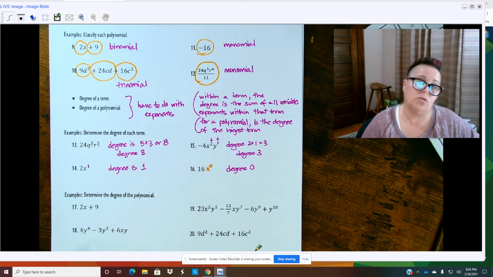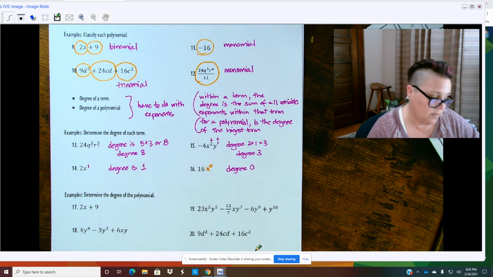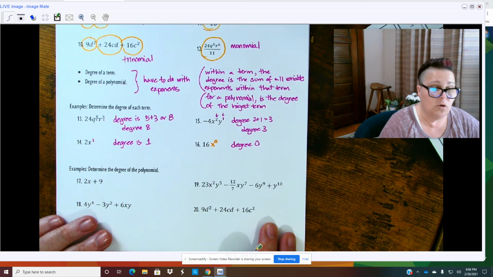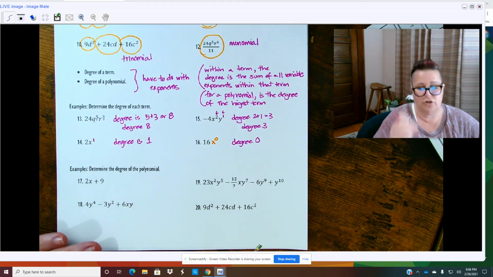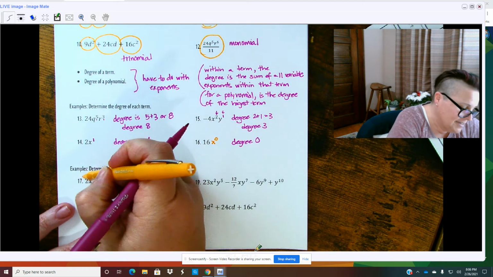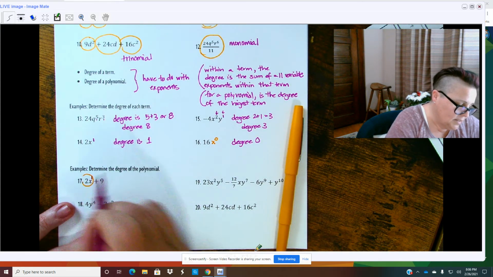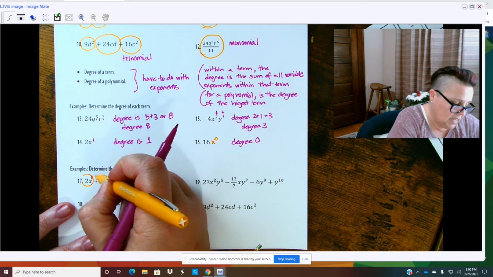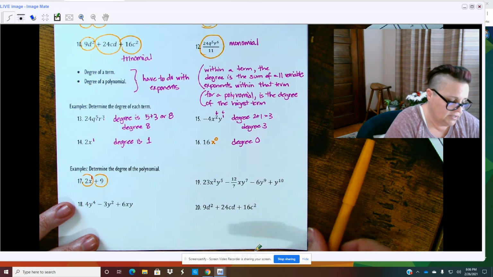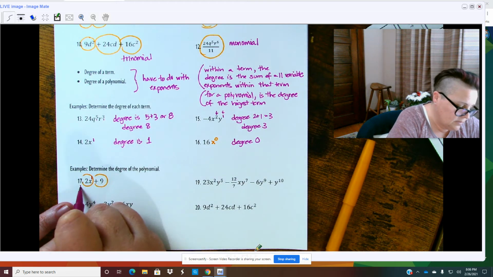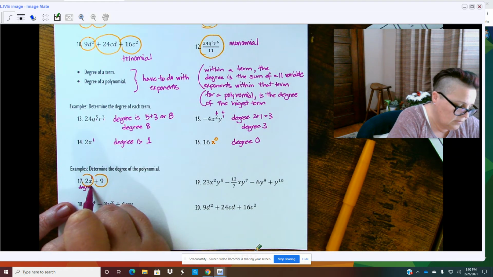So now that you know how to find the degree of a term, how do we find the degree of a polynomial? Well, for a polynomial, you have to look at each term. 2x, this is degree 1, plus 9, and we just said that that's degree 0, right? We just did that one. So this is degree 1.